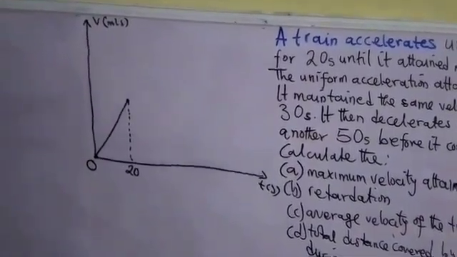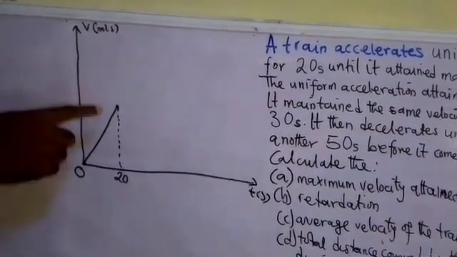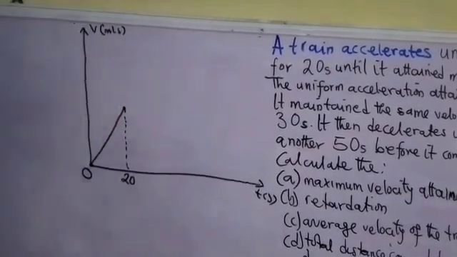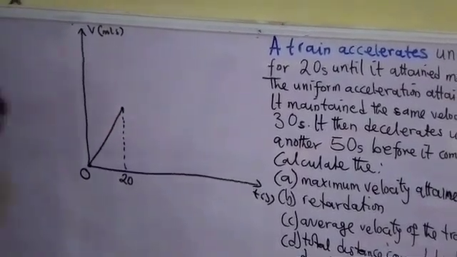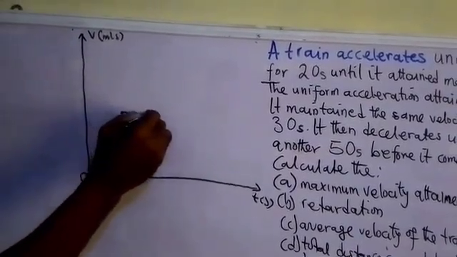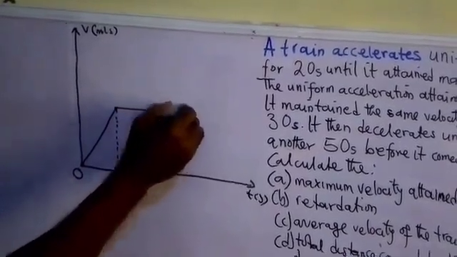The next thing you need to check, it maintained the same velocity. What is the same velocity? That maximum velocity it attained. It kept it without changing it for extra 30 seconds. So the velocity will remain the same. Let's say it stops here.